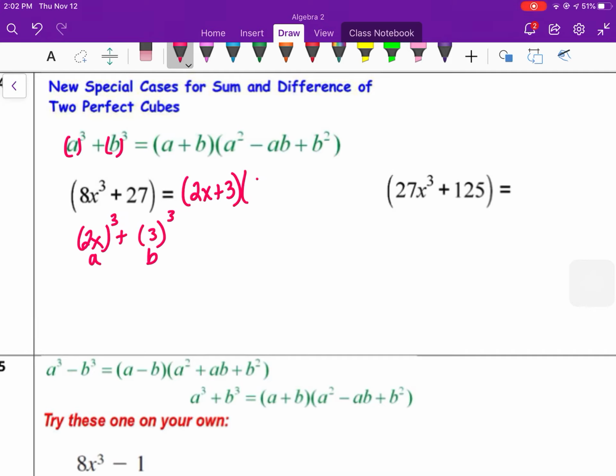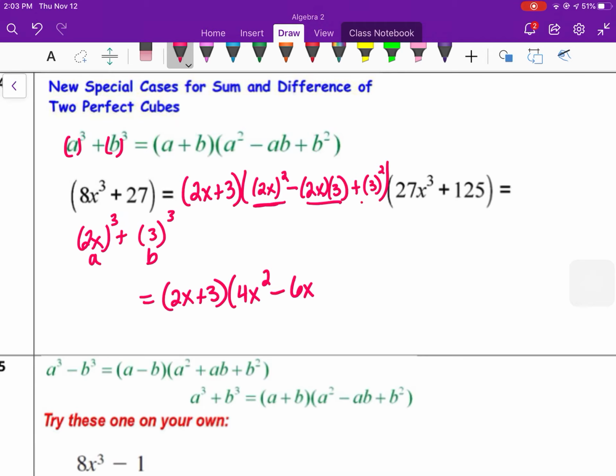Then a squared would be 2x squared minus a times b, so 2x times 3, and then plus b squared, which would be plus 3 squared. So my final answer here would be 2x plus 3, then 2x squared would be 4x squared, minus 2x times 3 would be 6x, and 3 squared would be 9. And this is how that factors.